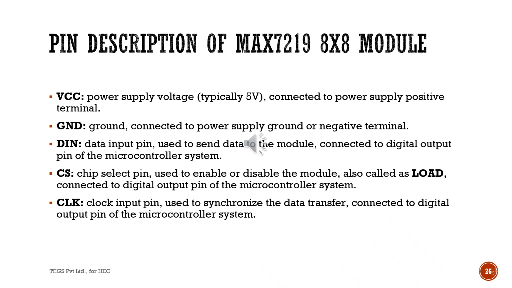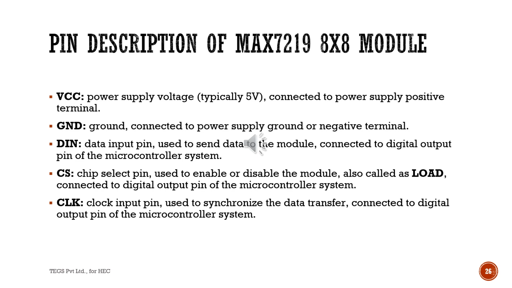Pin description of MAX7219 8x8 module. VCC, power supply voltage, typically 5 volt, connected to the power supply positive terminal. Ground, connected to the power supply ground or negative terminal. DIN, data input pin, used to send data to the module, connected to the digital output pin of the microcontroller system.